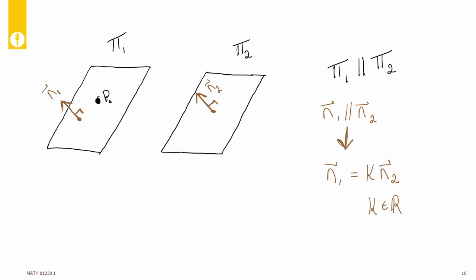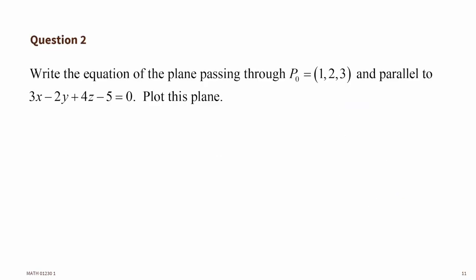Why not let k be 1? Then you have the same normal vector, which means we have the information we need here. We already have our point. What is the normal vector?